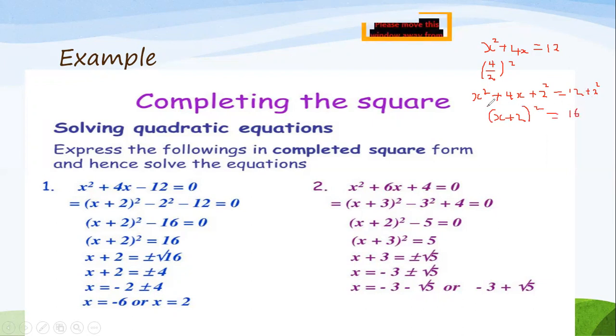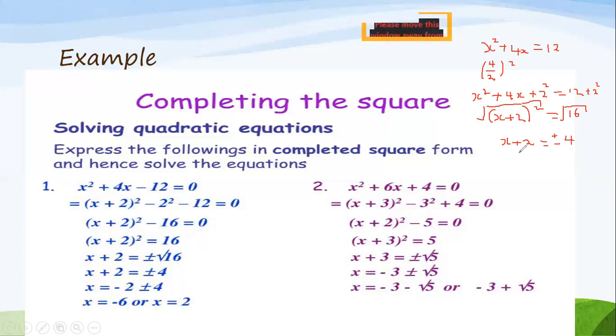To complete this, you take the square root on both sides, so finally I have x plus 2 on one side. The square root of 16 is always plus or minus 4.